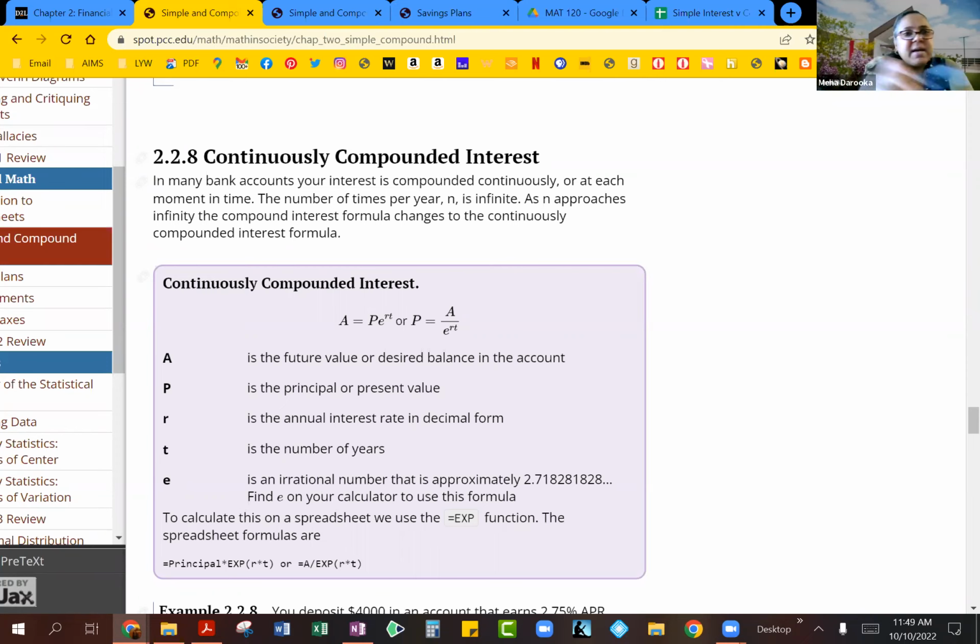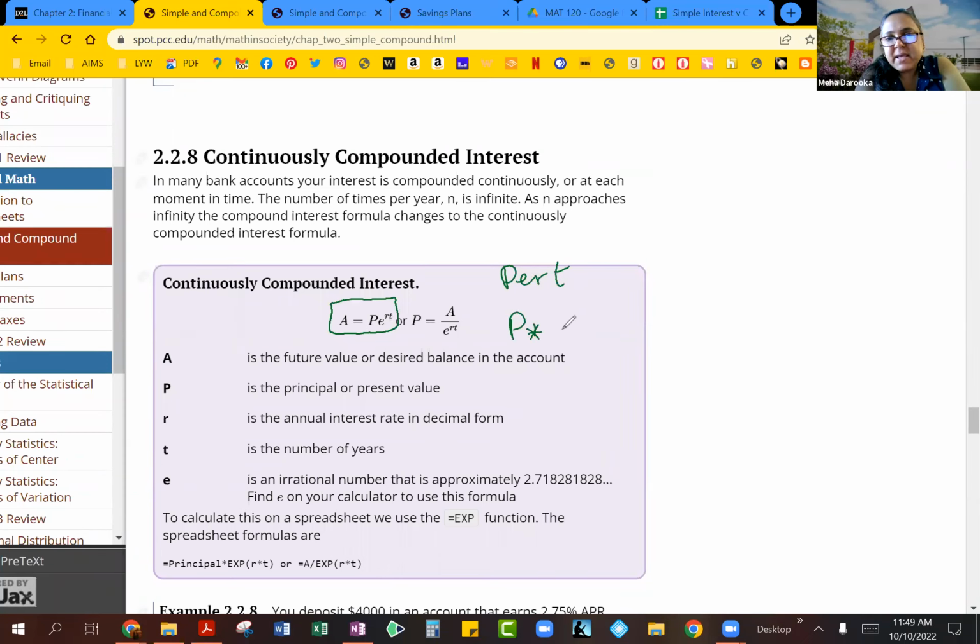So here, your formula is significantly different because you will see it's A equals P times e^(rt), or the best way to remember is just remember this as the PERT formula, because obviously that's kind of what it spells out, but it is P multiplied by e.